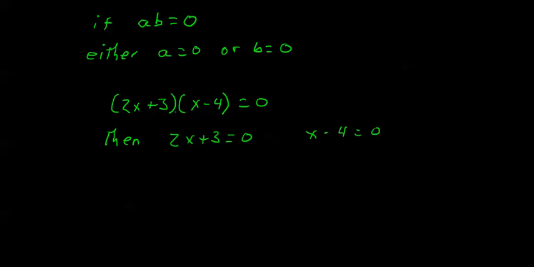If I have two binomial factors, and their product is equal to 0, then one of these has to be 0. Likewise, if there was an x in front of it, then it would be 2x plus 3 is 0, x minus 4 equals 0, or x equals 0. No other choices. All right, well, let's solve a quadratic equation.